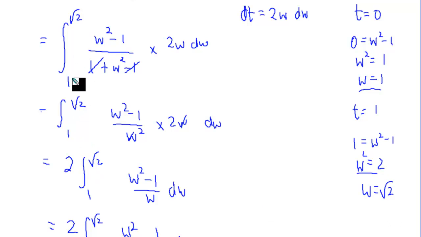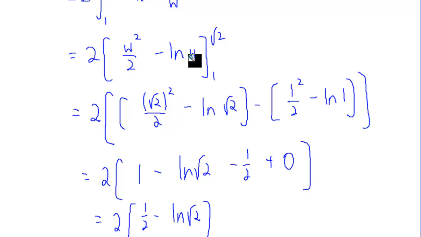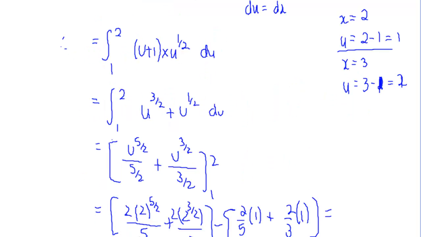So our limits of integration change from 1 to root 2. We clean our function up. So w squared cancels with the w and 1 on w. And then we're able to get it to a form where we can integrate and then do our substitution to get down to our answer.